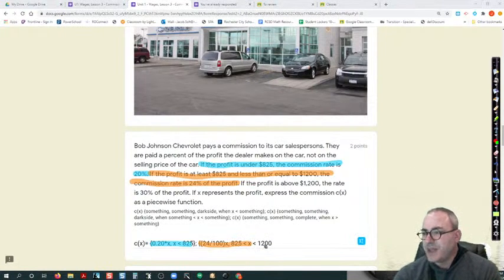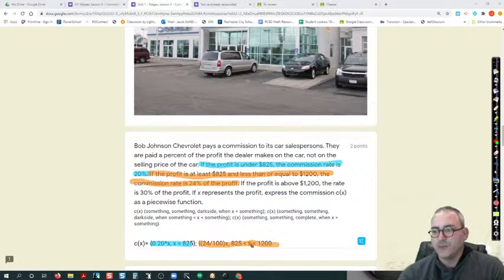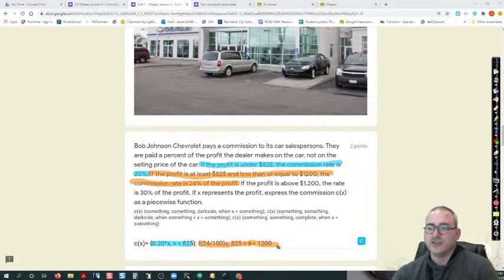Pay special attention to where this x is. This x is right there. Read this expression from the x. If you read it this way, it says when x is greater than 825. But if you go the other way, if you read from left to right now, the x is less than 1,200. This is the mathematical expression of saying if the profit is at least 825 and less than or equal to 1,200.